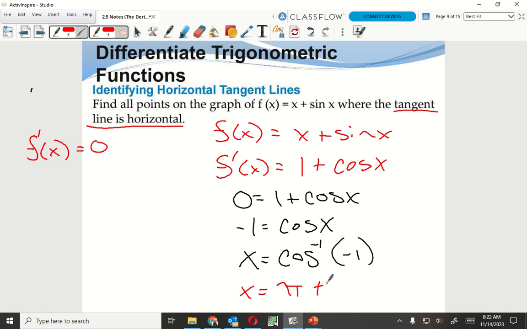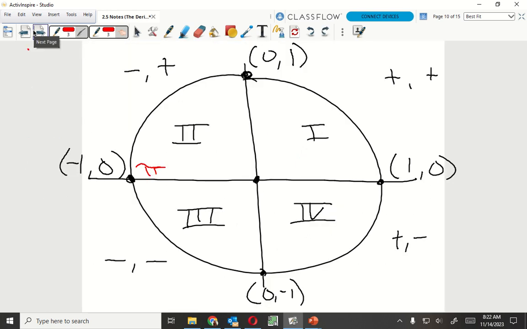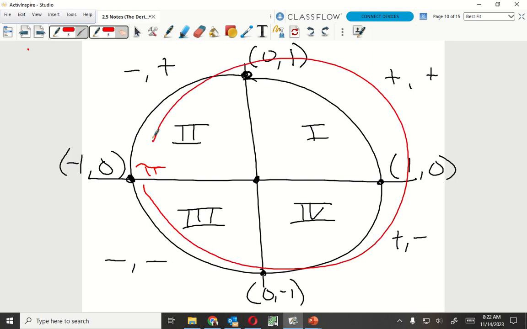No, not pi. I've got to get to the same spot on the unit circle. So if it's right here, I've got to go all the way back around. 2 pi. I've got to go 2 pi again, right? And I'm going to keep going 2 pi every single time. Does it say that it ever ends? No. So I'm trying to find all the values where it's going to be there.